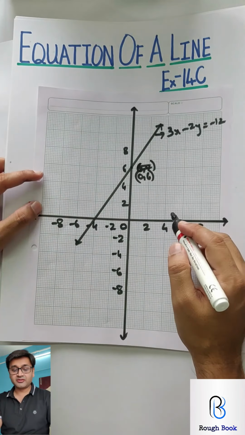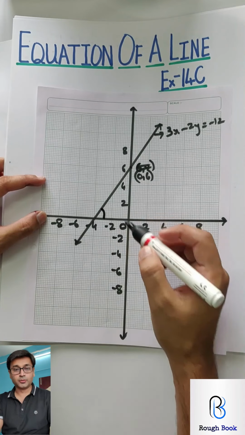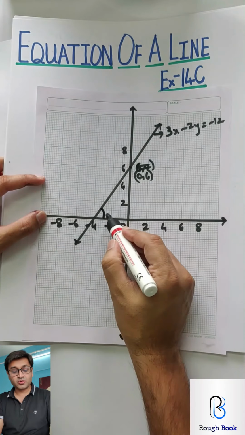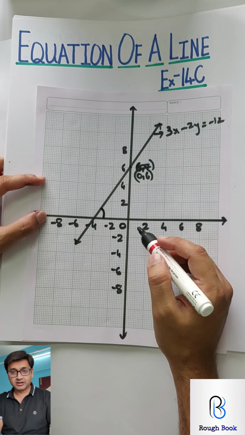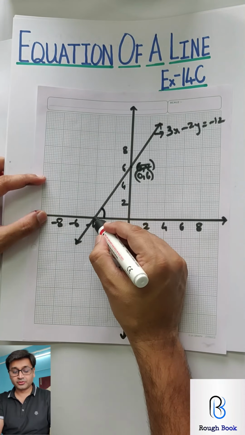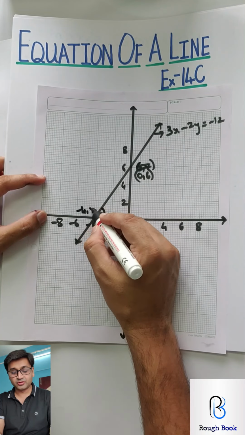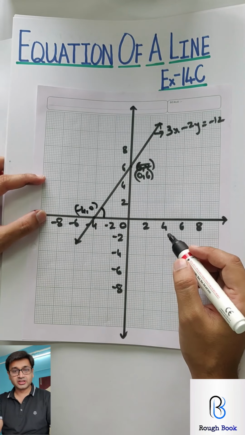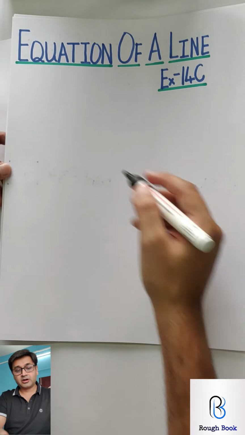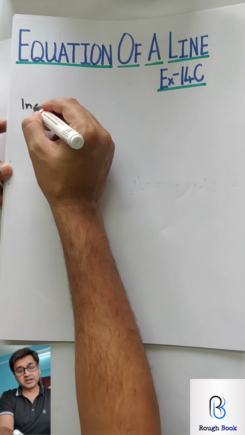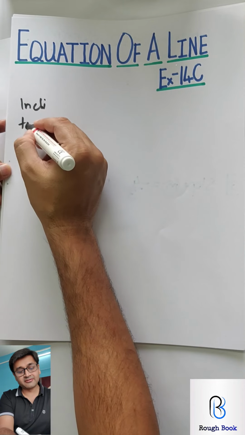The second exercise we worked upon, they asked us to find the slope. So two methods to find the slope. One was inclination, using tan theta, and second is 2-point form. In this case the second point is minus 4, 0, and we said y2 minus y1 upon x2 minus x1. So just mentioning it over here, one is inclination with tan value.